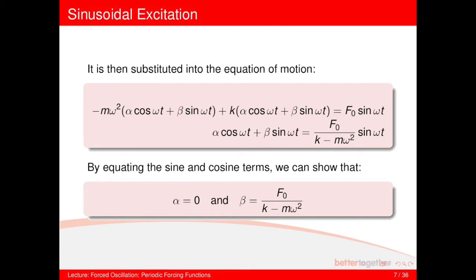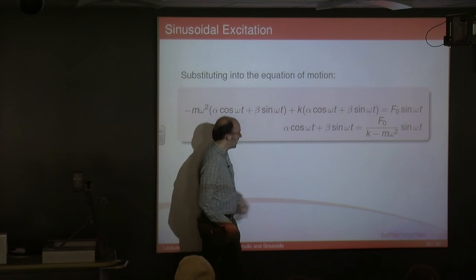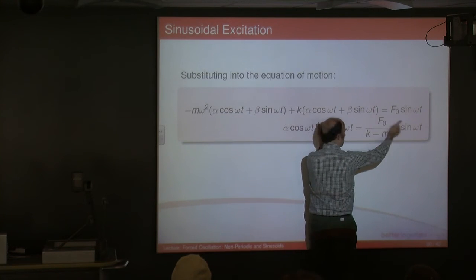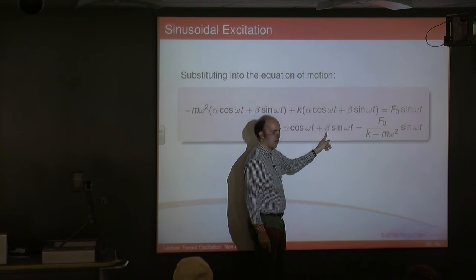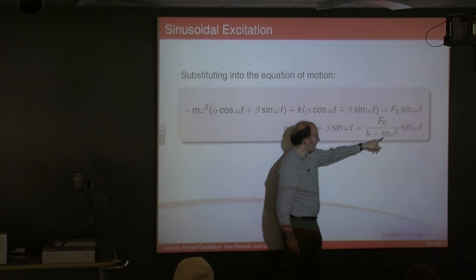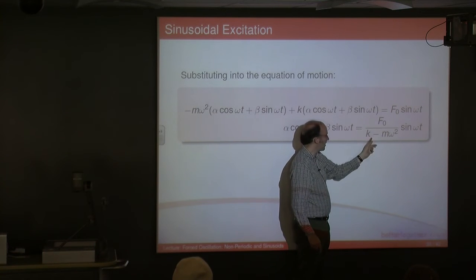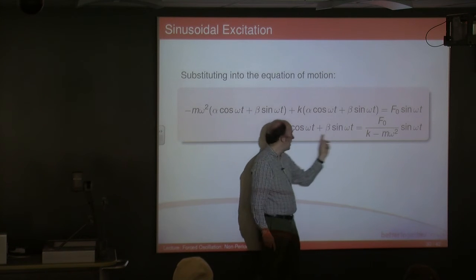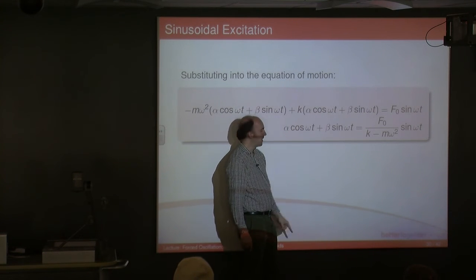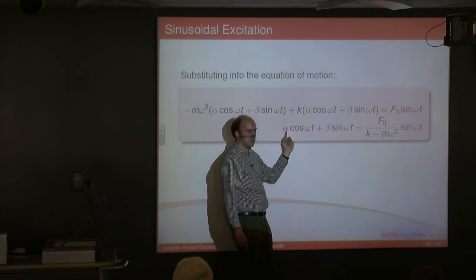And what you do to solve for alpha and beta is group the sine terms together and the cosine terms together. Because you've got a sine omega t and a sine omega t, it's quite clear to see what beta is. Sine omega t drops out, sine omega t drops out, and you end up with this term. Alpha cosine omega t, well, there's no cosine term over here, so this lot must be 0. The only way for this to be 0 is for alpha to be 0.